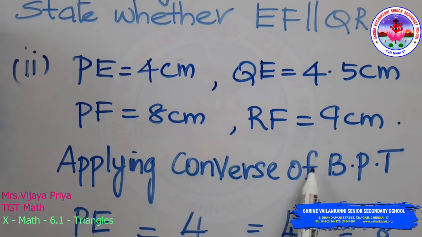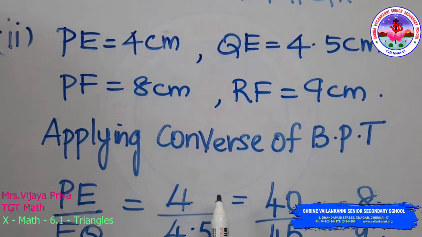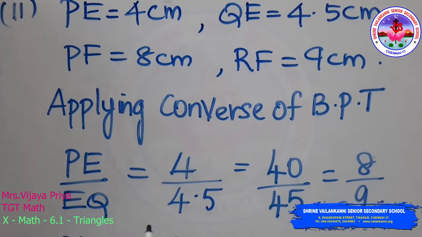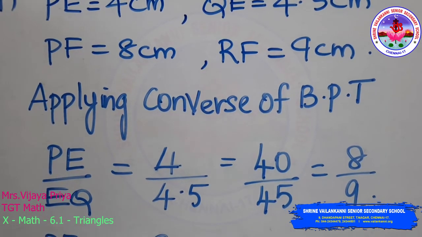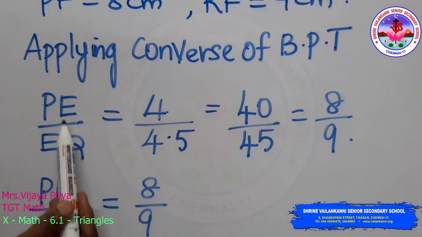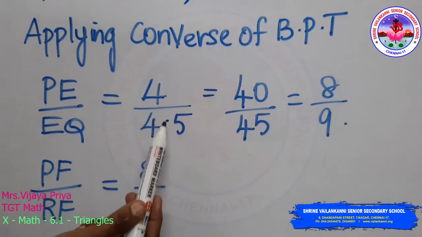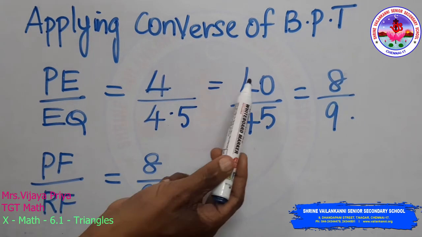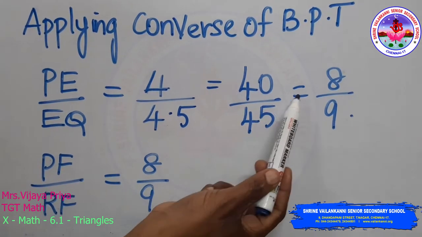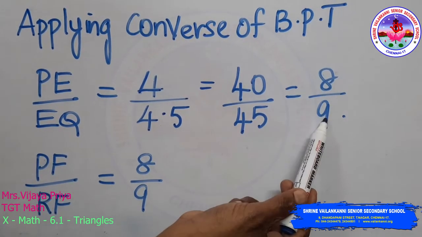I am going to use the converse of basic proportionality theorem here. So when I use the converse of BPT, I want to prove that the sides are in the same ratios. So I need to find out PE by EQ and PF by RF. PE by EQ is equal to 4 by 4.5. Multiplying and dividing by 10, I'll get 40 by 45, which is equivalent to 8 by 9.